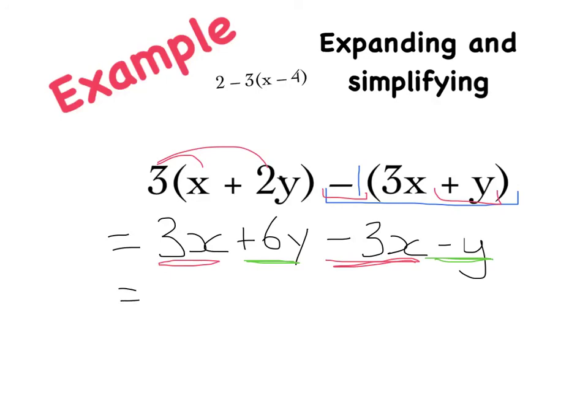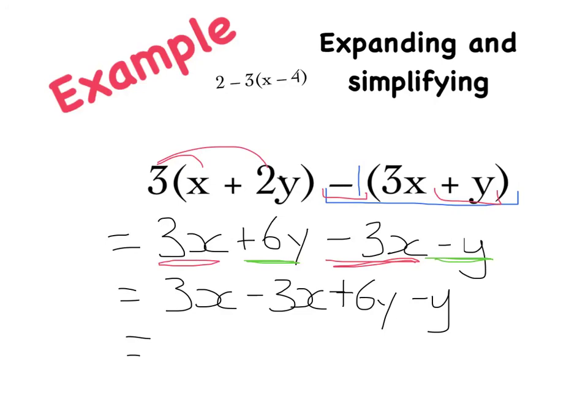So if I rewrite it, it becomes 3x subtract 3x plus 6y subtract y. Okay, 3x minus 3x, oh, that just cancels each other out. Then I've got 6y subtract y becomes 5y. It's as simple as that, guys. Whenever we get our answer, we always make sure to see if we can simplify. Okay? And that's it. That's expanding brackets using the distributive law.